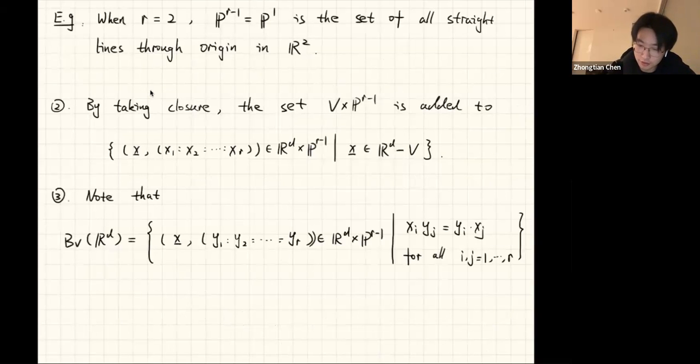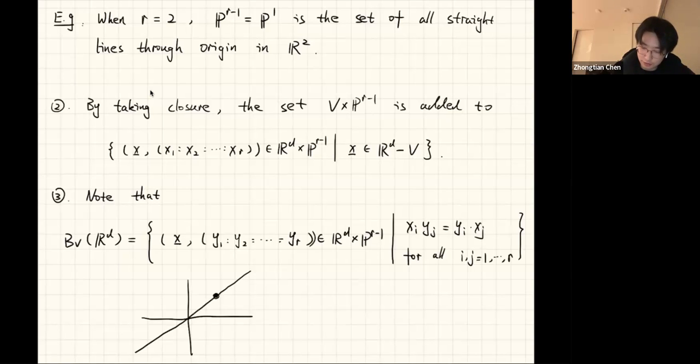Let's just do P1. So we have R2, and for everything except the origin, we take a point here. We know this point and the origin will determine a straight line, and a point in P1 is a straight line.